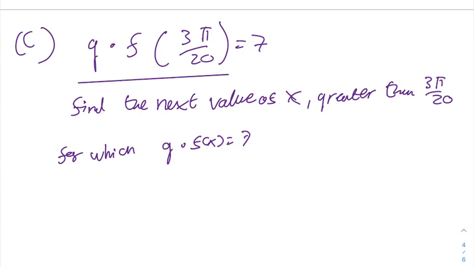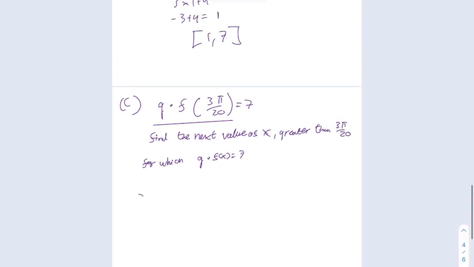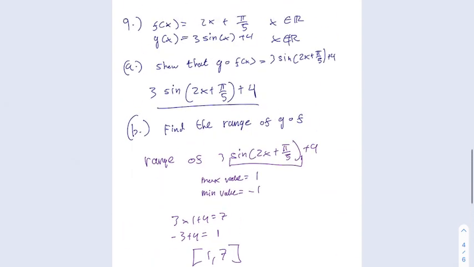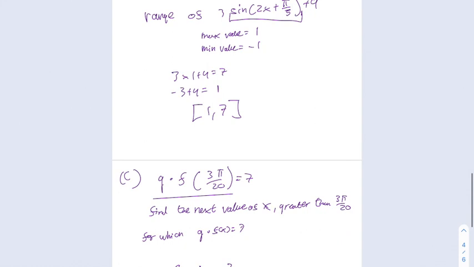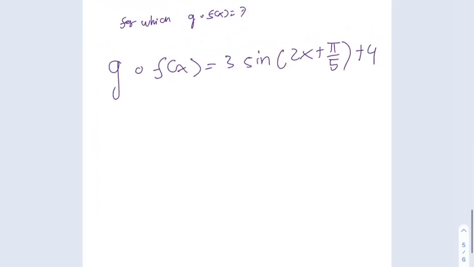So we know that 3 sine of (2x plus pi over 5) plus 4 is equal to 7.